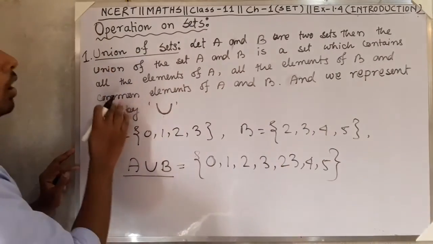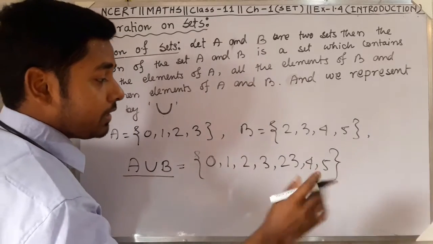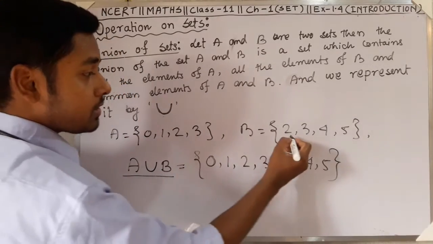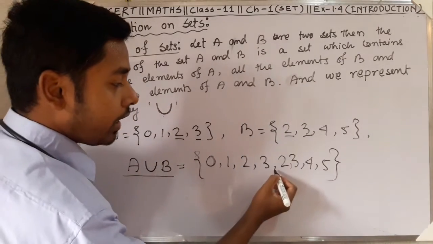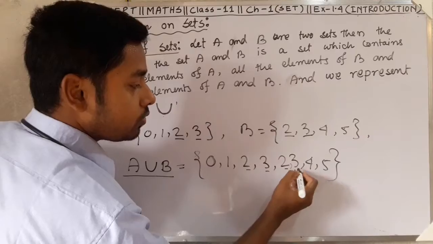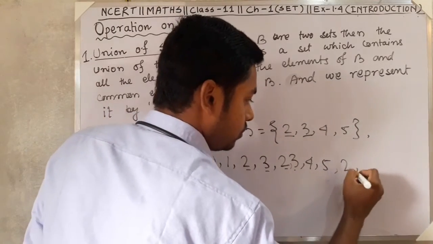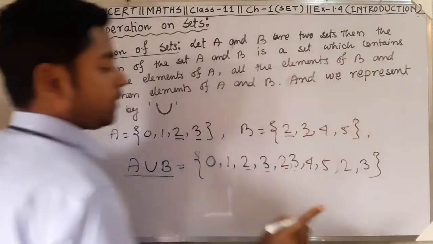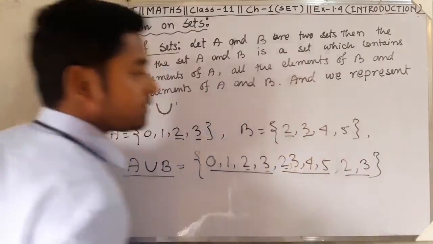And common elements of A and B. What are the common elements? 2, 3. These are the common elements, and 2, 3 are already written. Again I am writing 2 and 3.